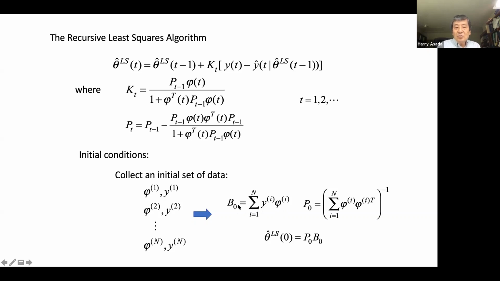We use this as the initial B, and then take this inverse. We assume this is good enough to take the inverse, and P naught is obtained. So theta LS at time t equals 0 can be provided by P naught inverse times B naught, and we provide this as the initial condition.